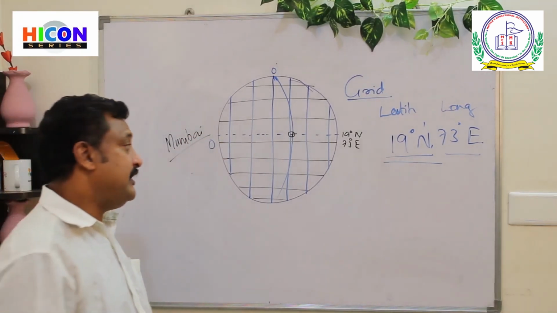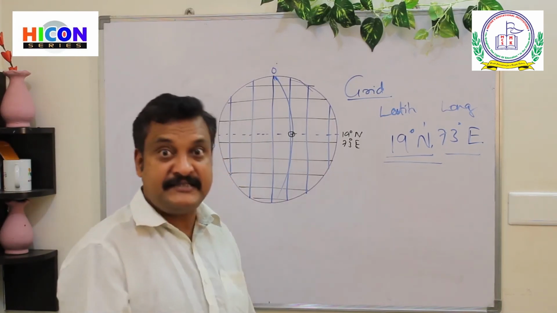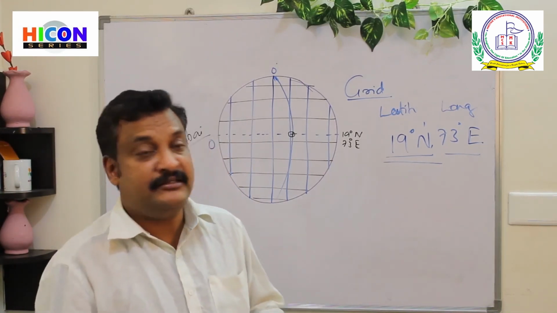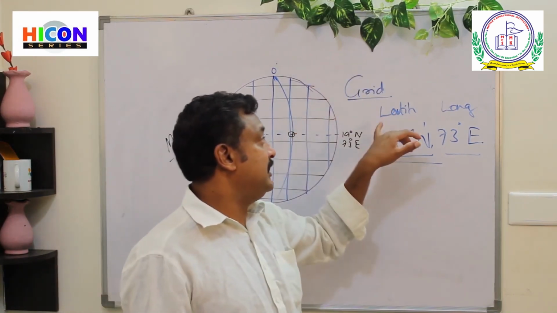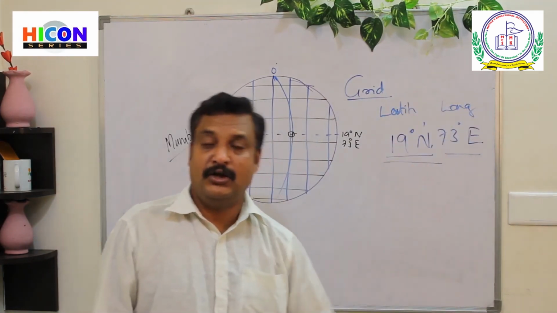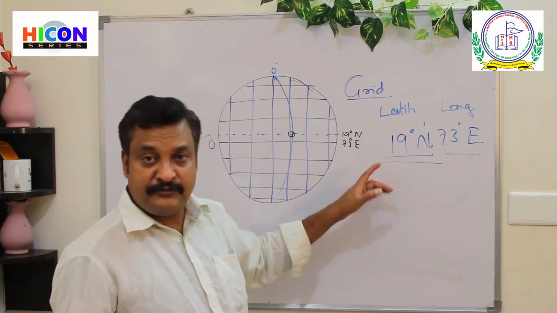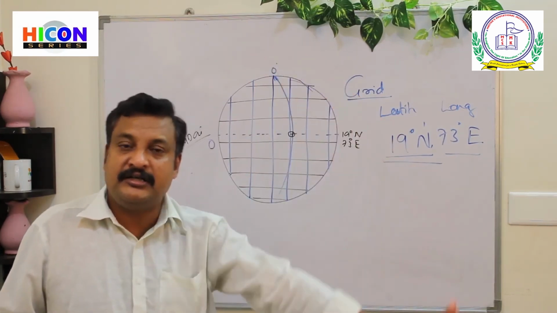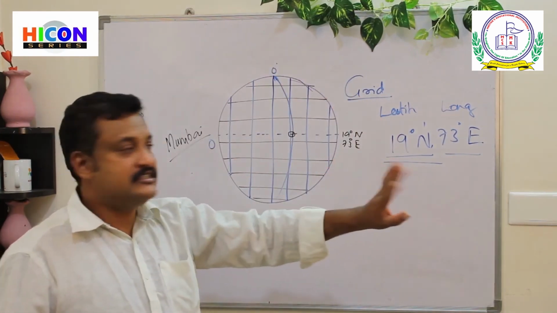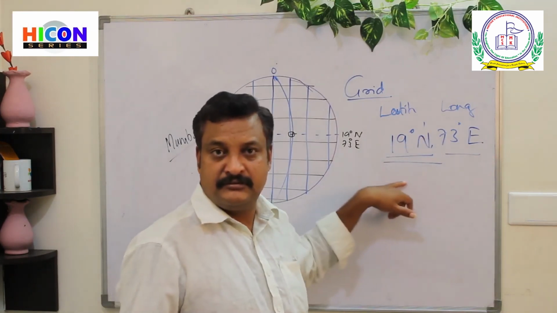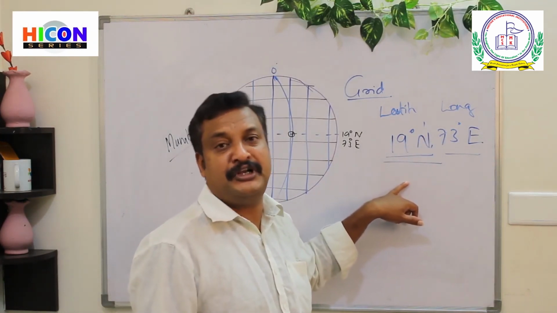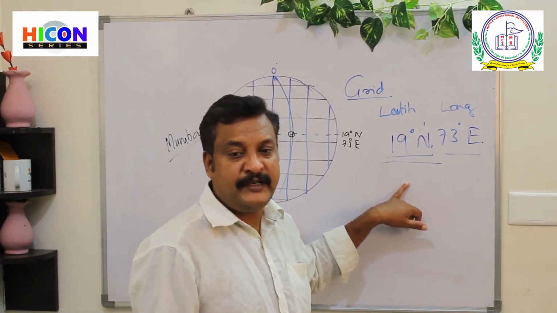Right? So if we have to locate different places on this earth, we use this grid combination formed by the latitudes and longitudes. Okay? There is no other place in this world which can come on this particular latitude longitude combination. Right?